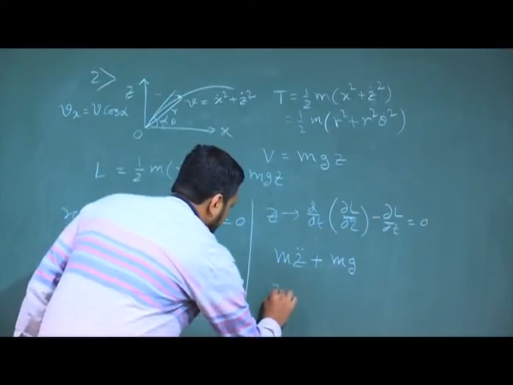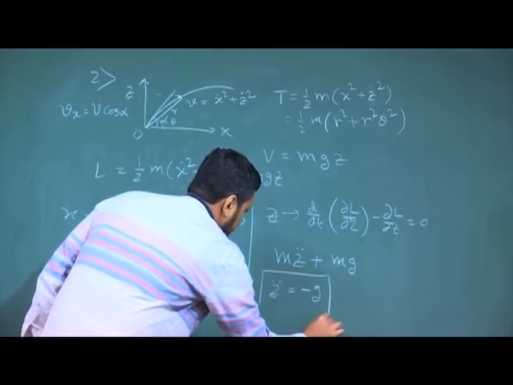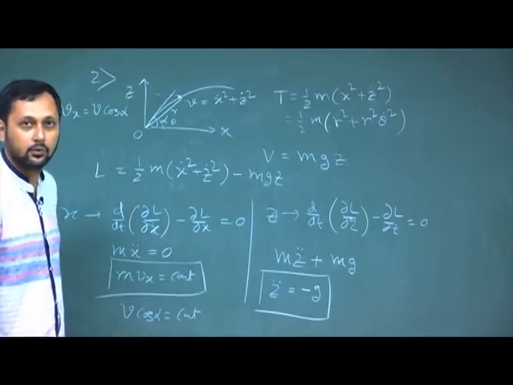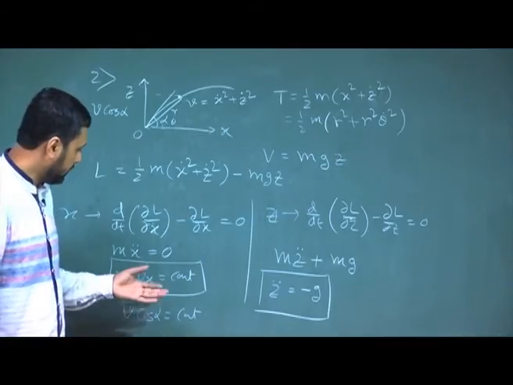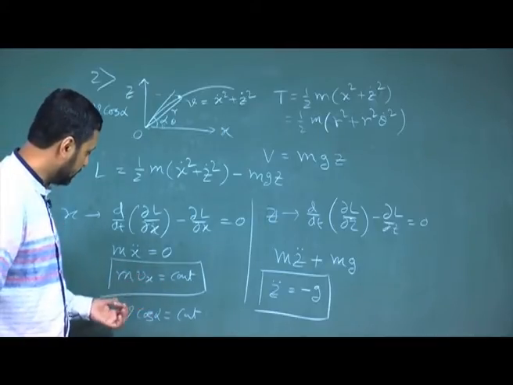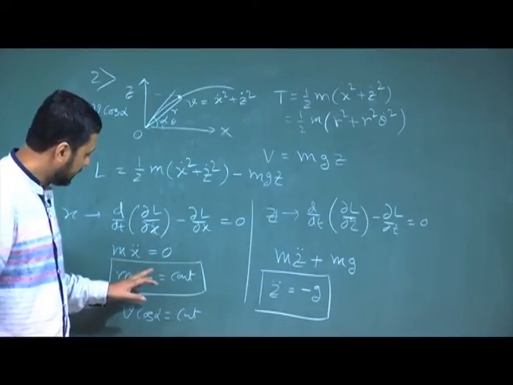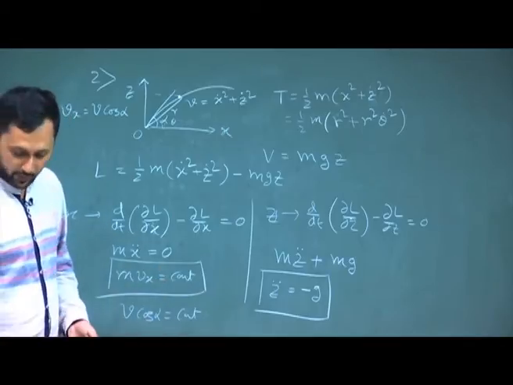So, which means z double dot is equal to minus g, which is absolutely fine. This is how the equation of a projectile looks. If we want to solve this, we will need to use explicitly the values of the initial angles and all. Otherwise, just to get to the equation, these one or two steps are good enough.